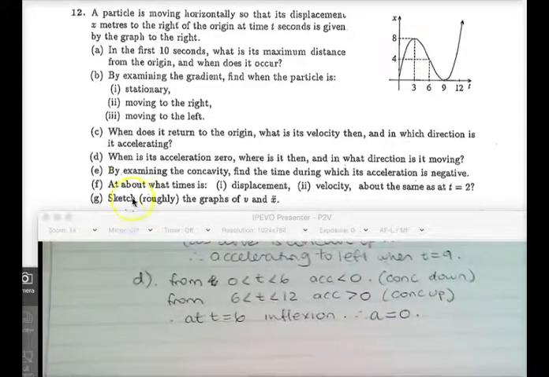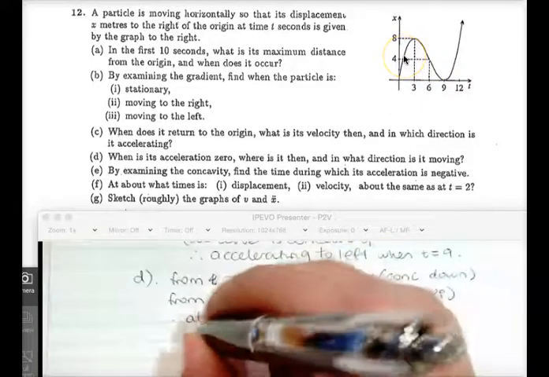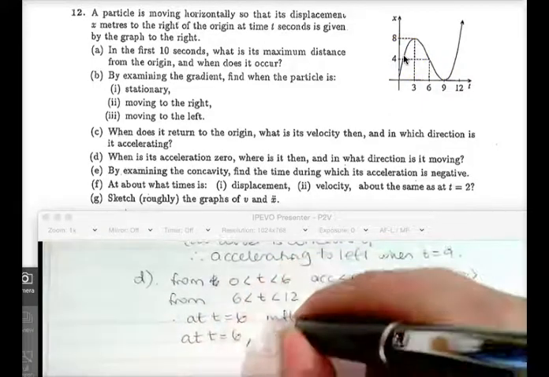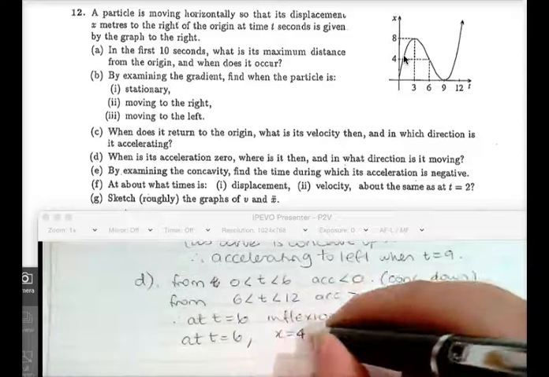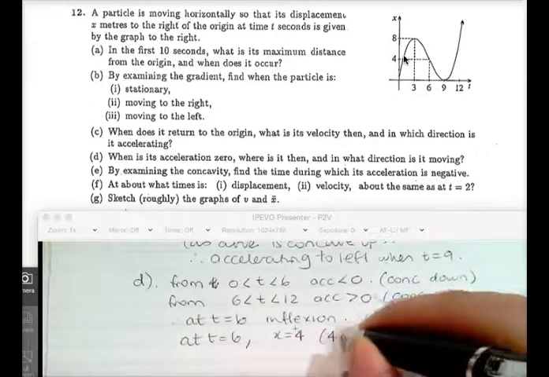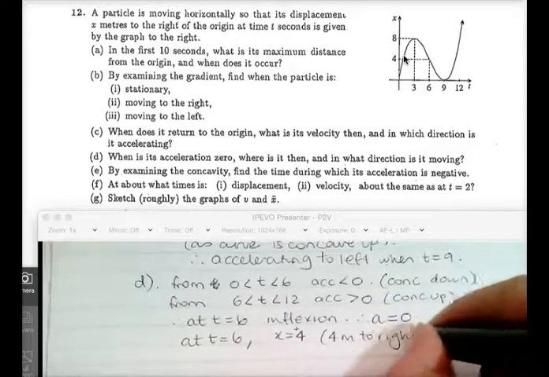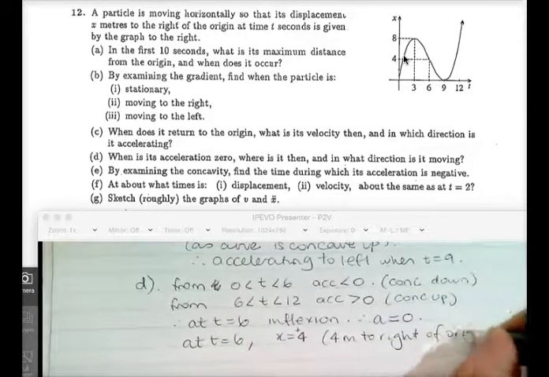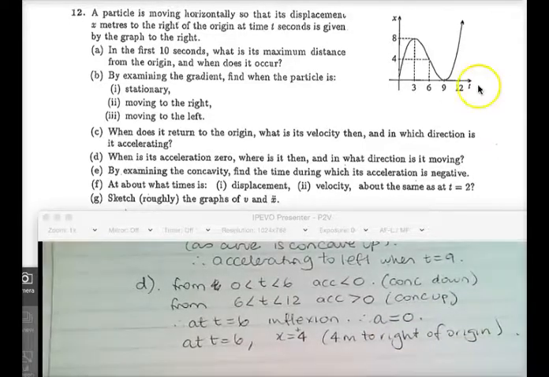So when is the acceleration 0? It's at t equals 6 seconds. Where is it then? At t equals 6, x is positive 4, therefore it's 4 meters to the right of the origin. And it says, in what direction is it moving at t equals 6 seconds?